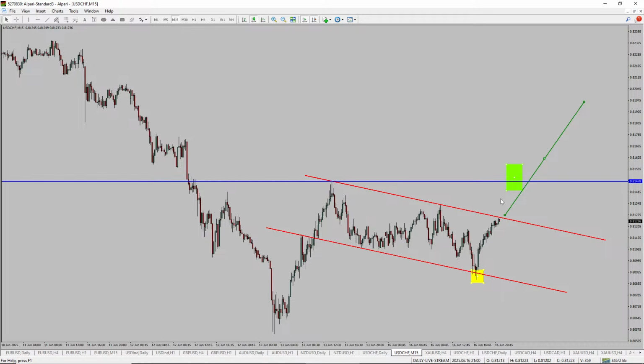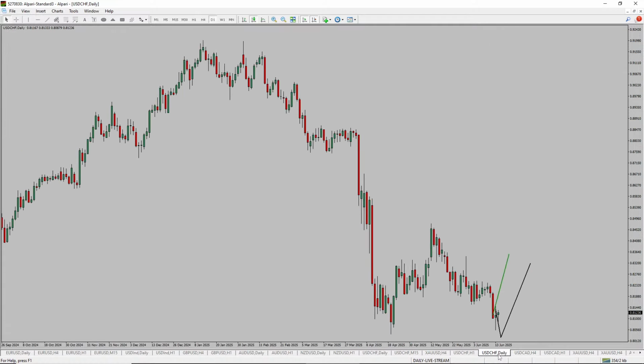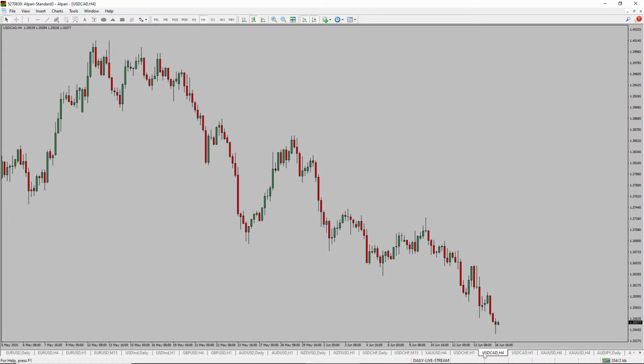Once it happens, then I might be interested to look for potential buy trading opportunities using my trading setups or trading strategies. Next one is the spot gold. Spot gold, like I told you guys, is probably going to print a top. So right now you can notice that the gold is trying to print a top over here.